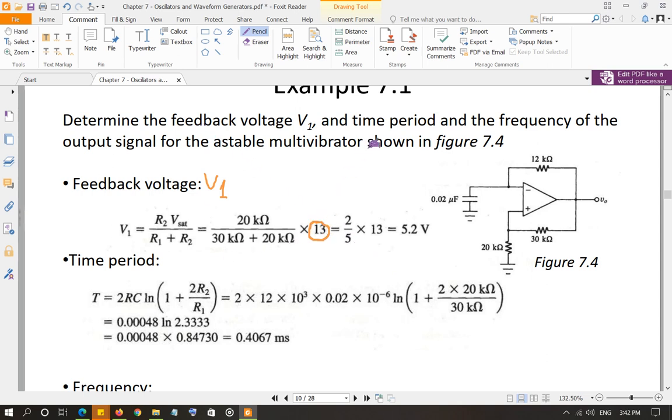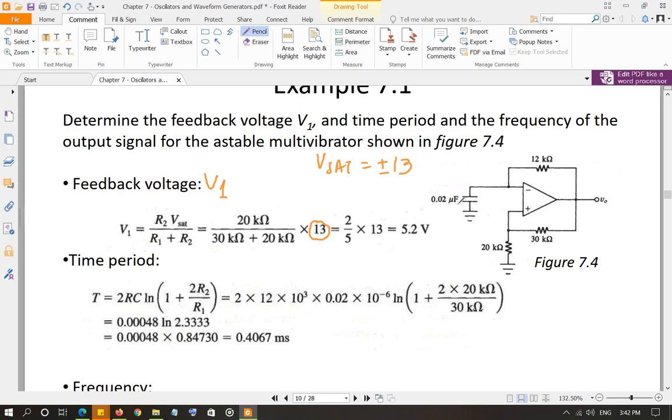Again, I did not put it, but the saturation voltage is positive and negative 13 volt, which most of the book exercises take. Okay, so 13 volt and then simple simplification, and 5.2 volt is the feedback voltage.